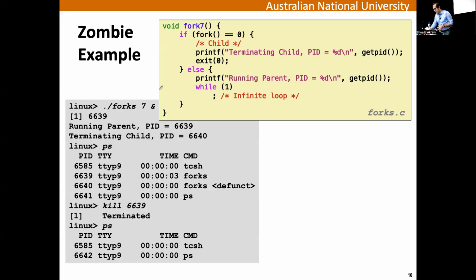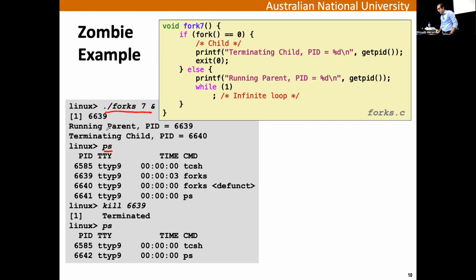So here, if you type ps, in the next lab you will run this program, forks, and there are different examples where you will look at the output. ps is a command in Linux that prints out all the active processes.